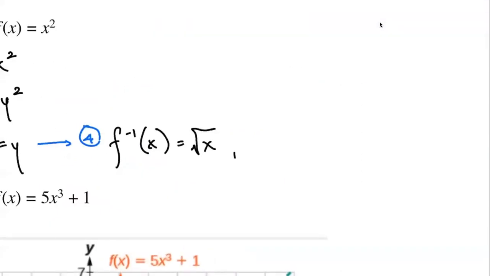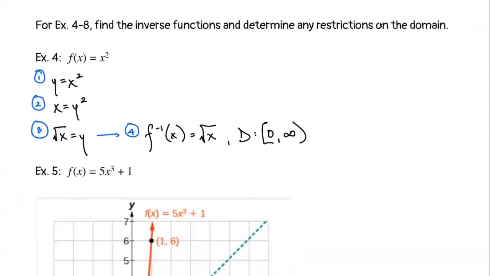And so from above, we know that the domain of the square root function is we can only put in a 0, nothing smaller than that, but we can put in 0, and we can put in every single number until infinity. Right? And so there we have fully answered the question. We found our inverse function and we found the domain that has a slight restriction on it. Okay.